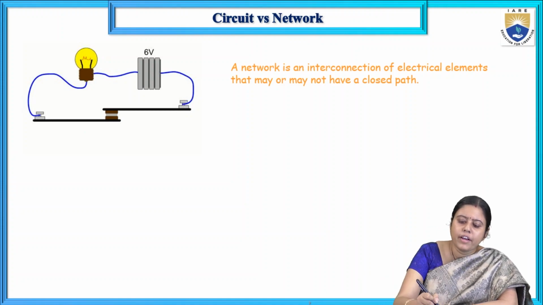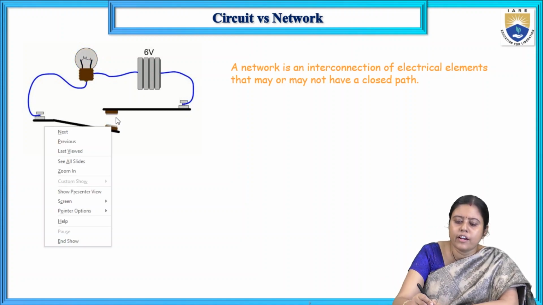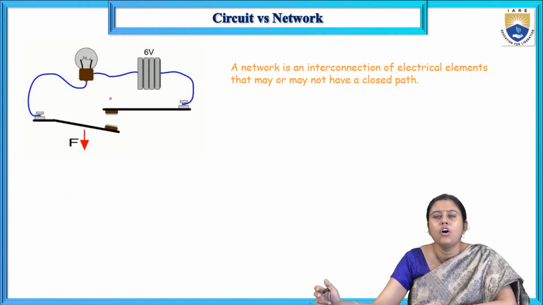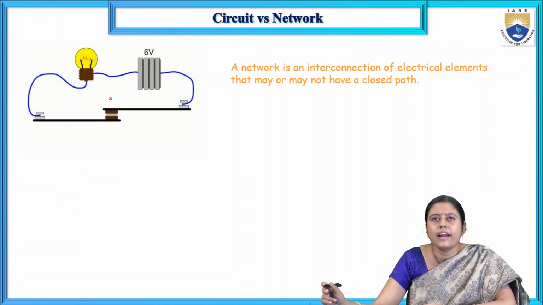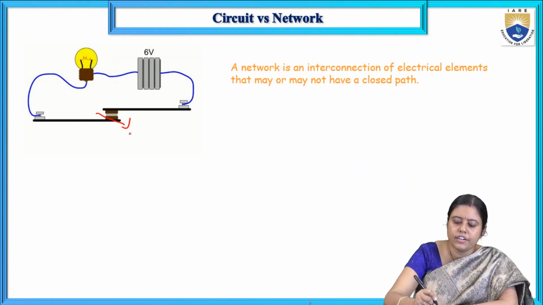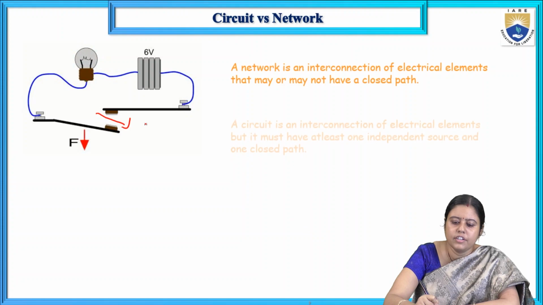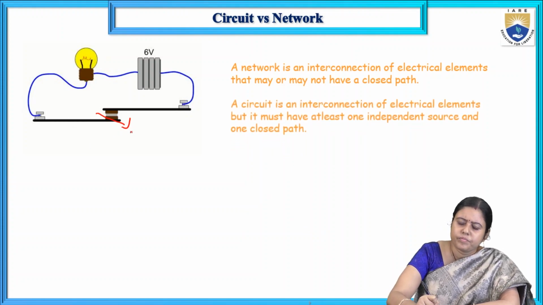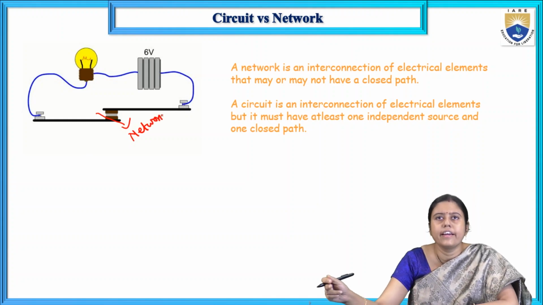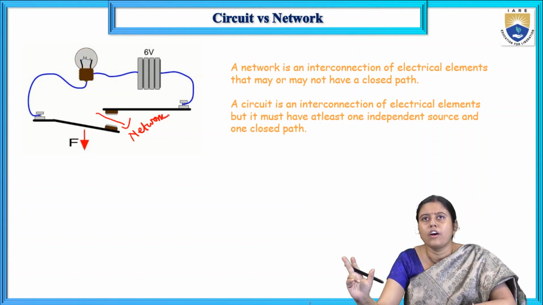So if you can see now, if it is an open circuit, where there is no closed path and all are open paths, then we can tell this condition is a network. All the elements are connected, but it is open only.